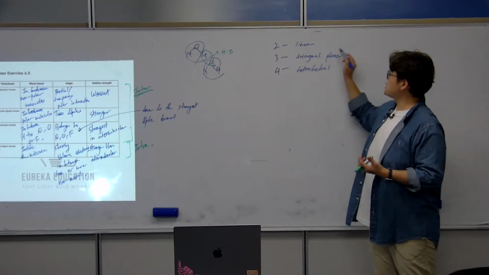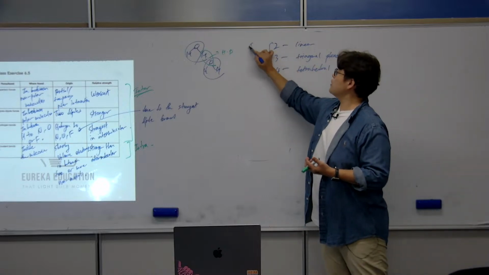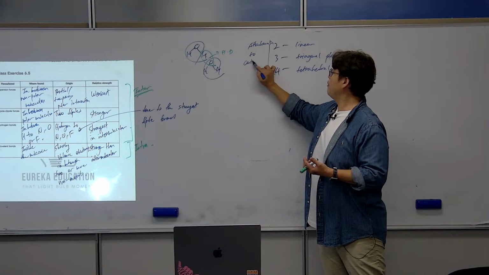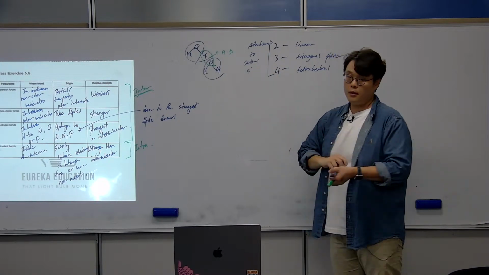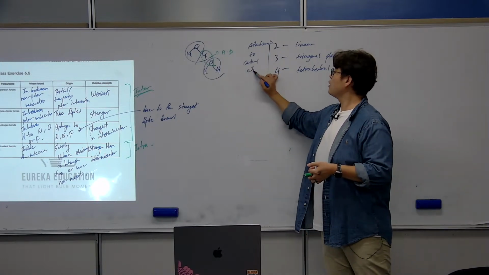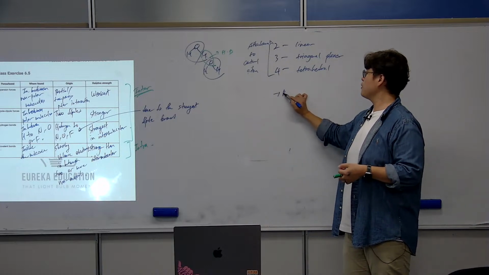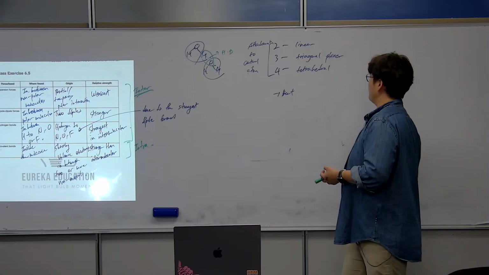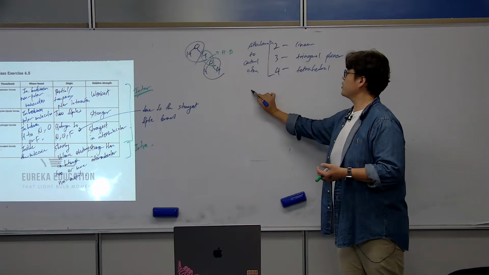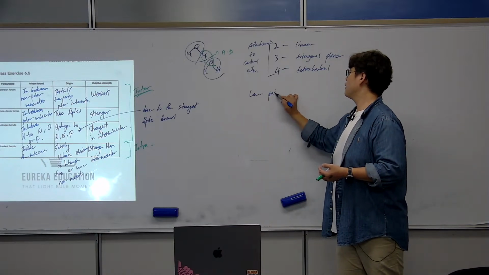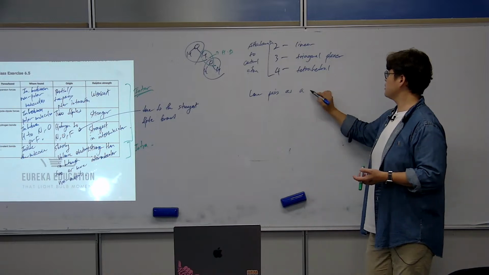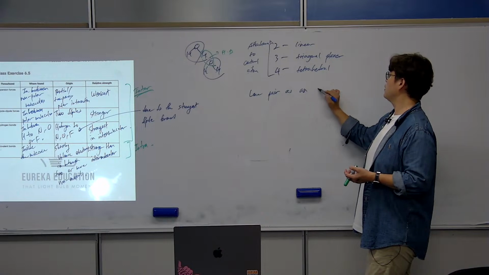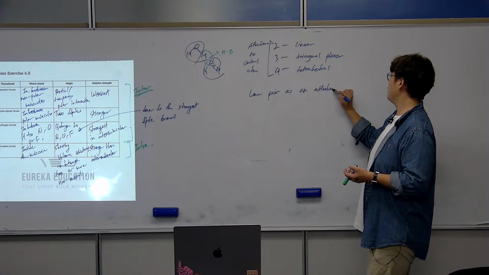This decides what is attached to the center atom, so it depends on that. We can have the bent shape if you have some lone pairs. Just quickly revise and write down that lone pairs count as an attachment.